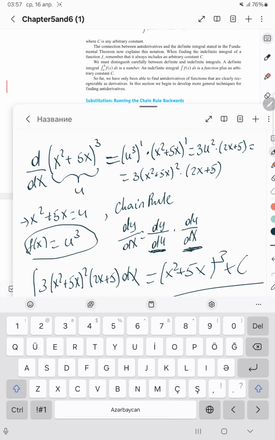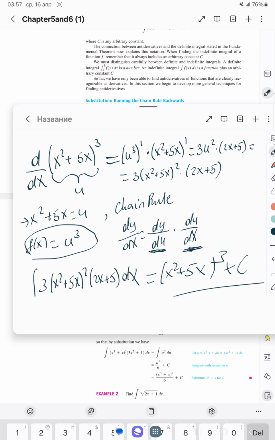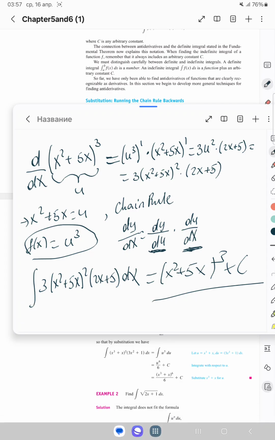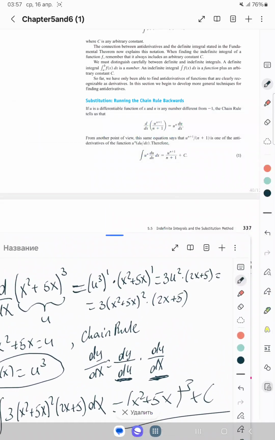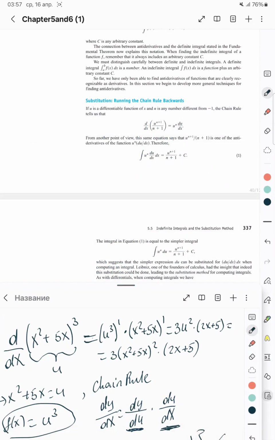Let's jump back to the book. Let's look at the book. Okay. So if u is a differentiable function of x and n is any number different from -1, the chain rule tells us, yes, we have talked about it.